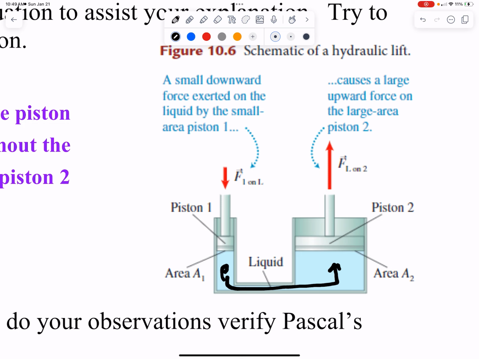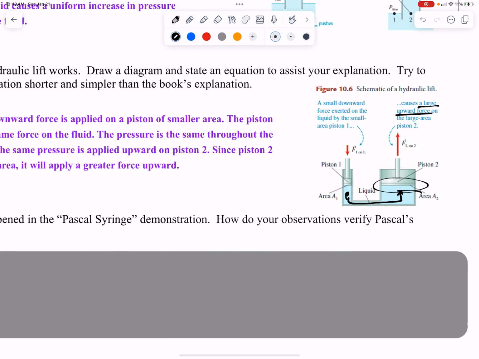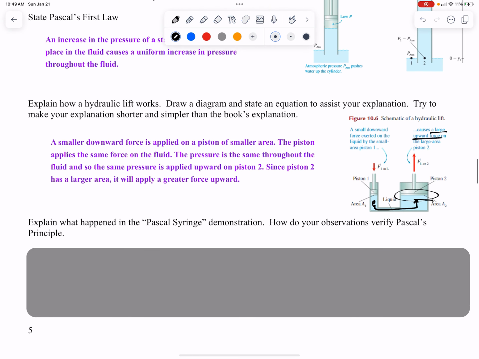So you're applying the same pressure on an area of much bigger cross-section, which will apply a much larger upward force. That's how you can get hydraulic lifts to lift large objects like cars, or forklifts to lift very large masses, things like that.